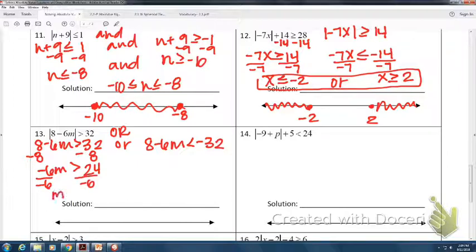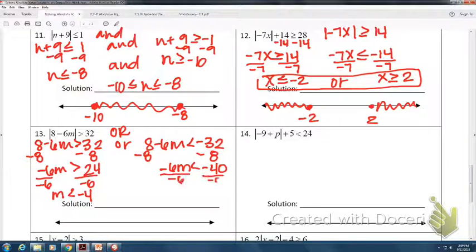So what do you have? m is less than negative 4, 24 divided by negative 6. And then on my other side, subtract 8 from both sides: negative 6m is less than negative 40.